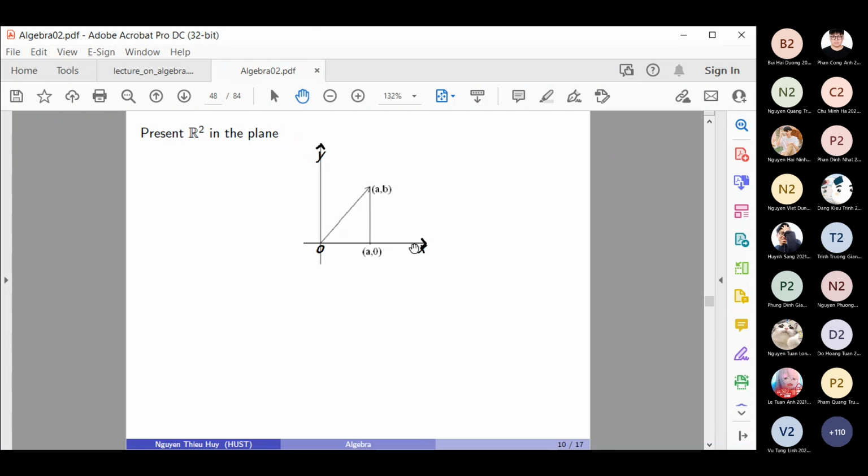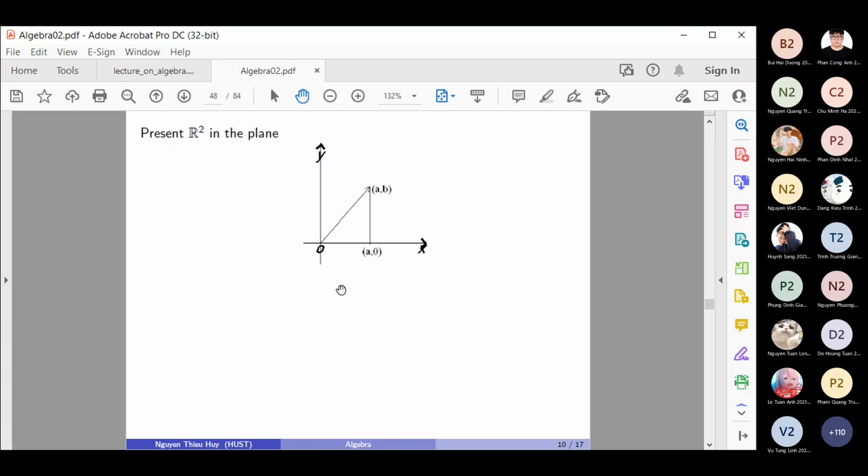And pay attention to the horizontal axis, OX. Every point in this horizontal axis has the form (A, 0). The second component is always 0 because it is on the horizontal axis. All of the second components of the points on this OX are 0. So we have the form (A, 0).